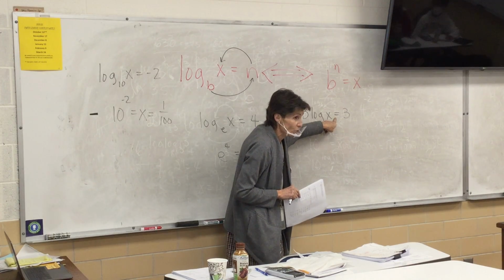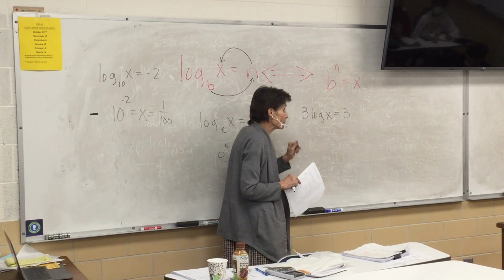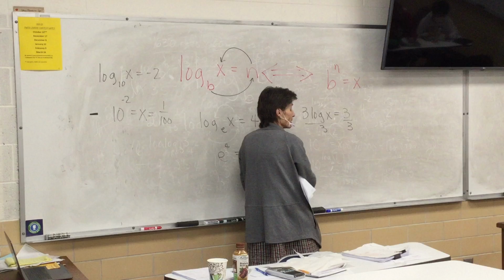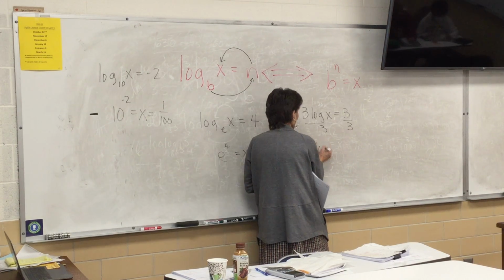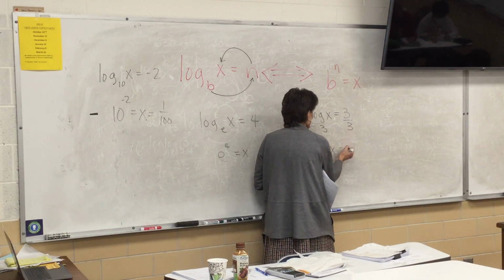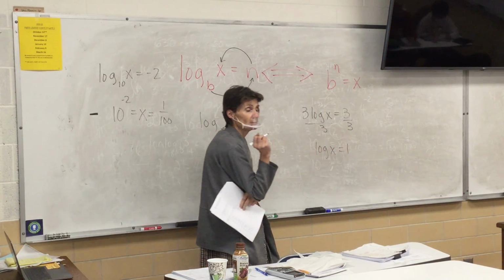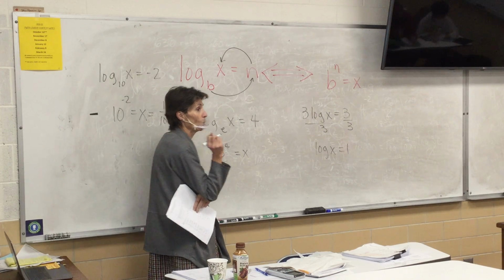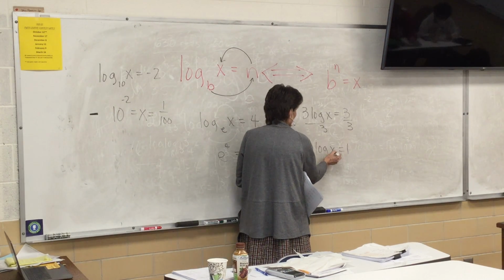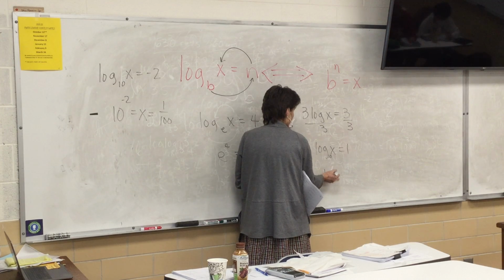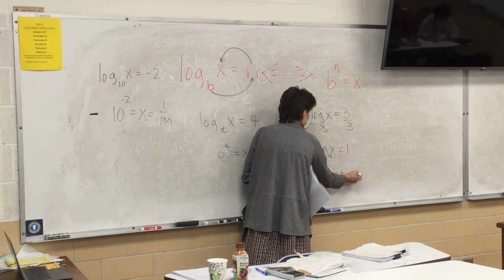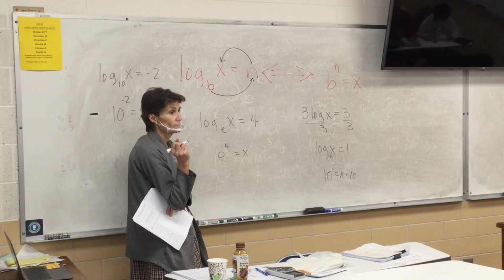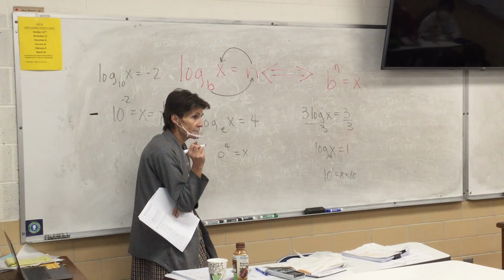What do you think we might do? Divide by 3. Perfectly legitimate to divide by 3. So then we have log x equals 1. What's the base here? 10. So when I do, it says 10 to the first equals x, so x equals 10. Easy.